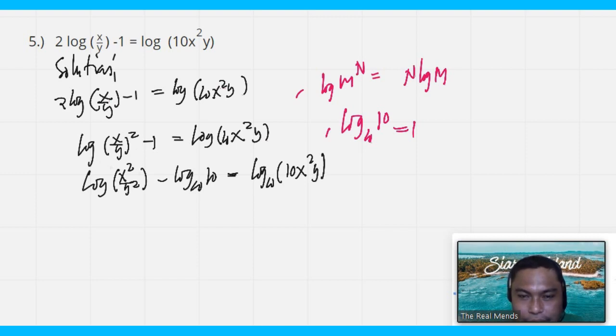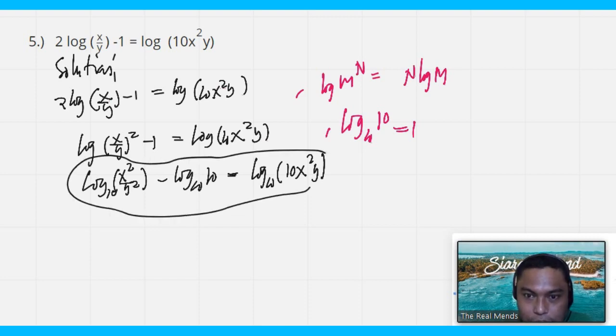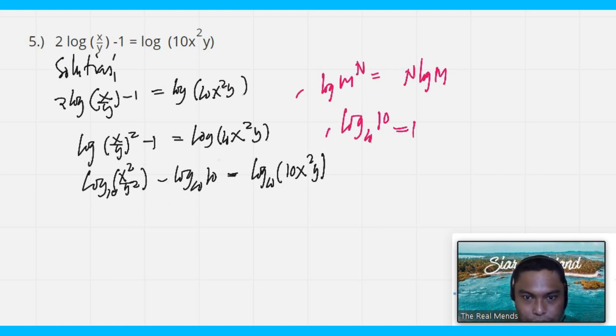So therefore I could put the base 10 to this first variable. So all these three variables have a common base of 10. So therefore to this part, I can simply apply property number 3.